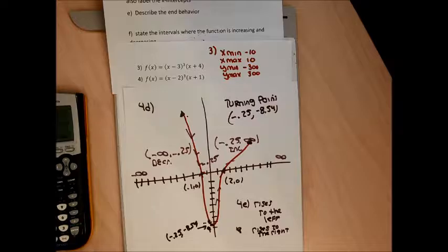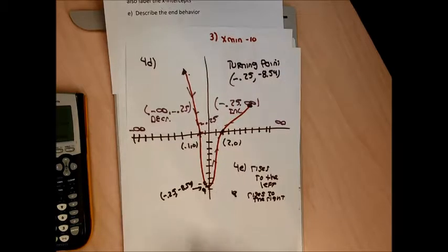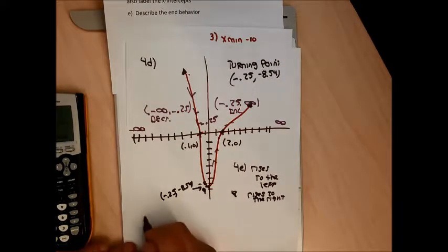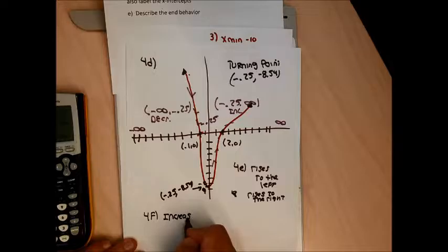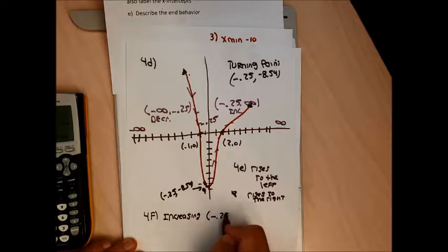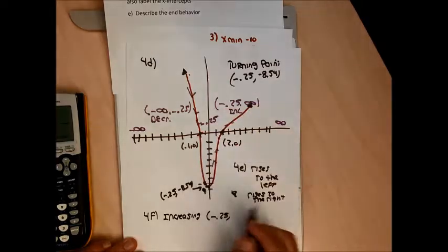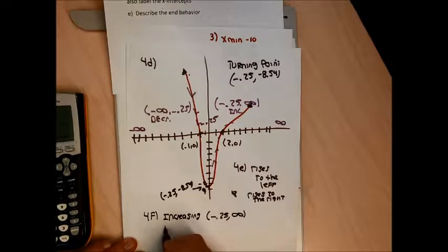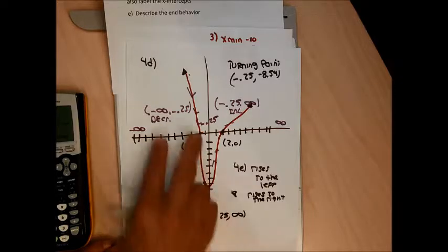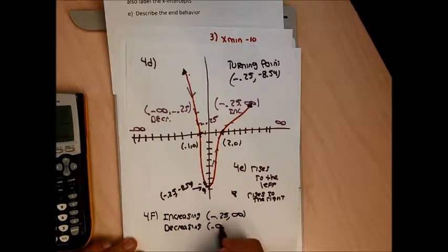This is going to be an increasing interval. When I go to answer 4f, I'm just going to say exactly that. So for 4f, I'm going to say it's increasing in the interval negative 0.25 to infinity, and it's decreasing in the interval negative infinity to negative 0.25.